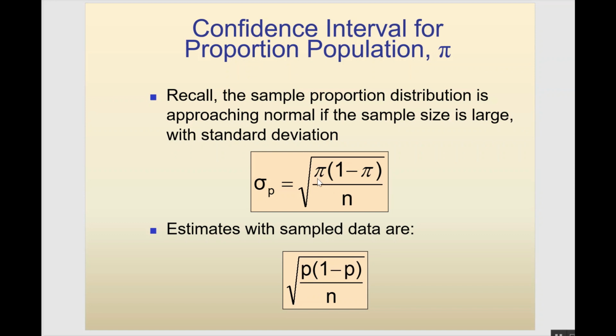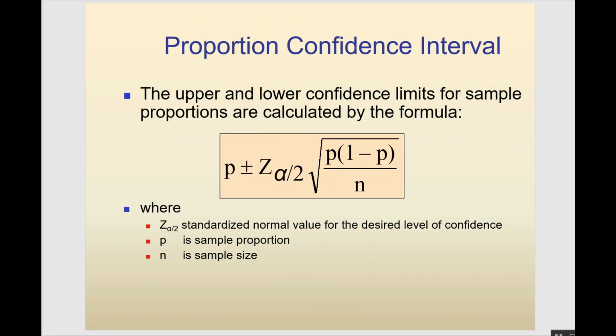So how do we find the proportion confidence interval? Same as just now, when we had the confidence interval for mean, with unknown standard deviation and known standard deviation. Now the first one is for proportion confidence interval, slightly different but almost the same.